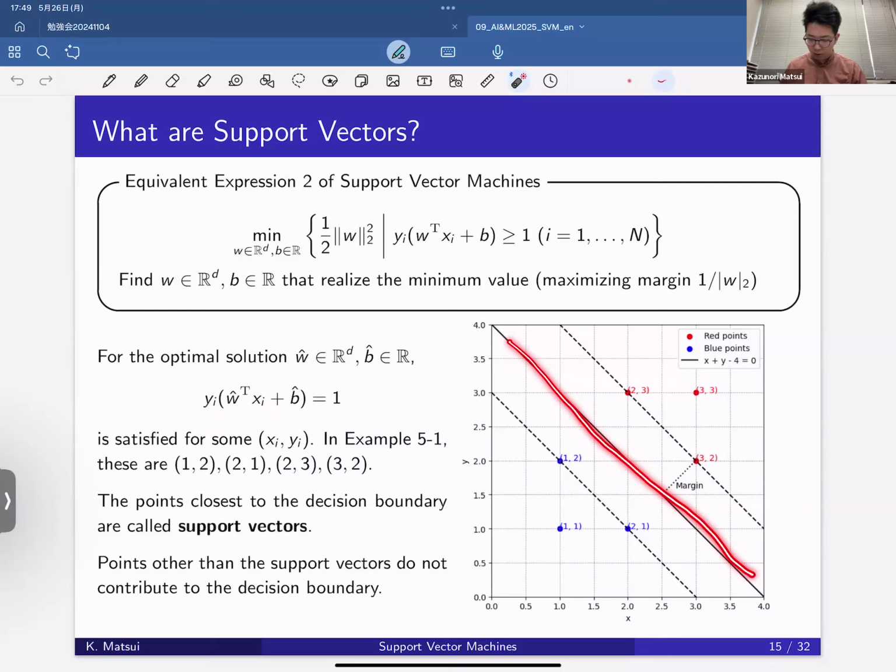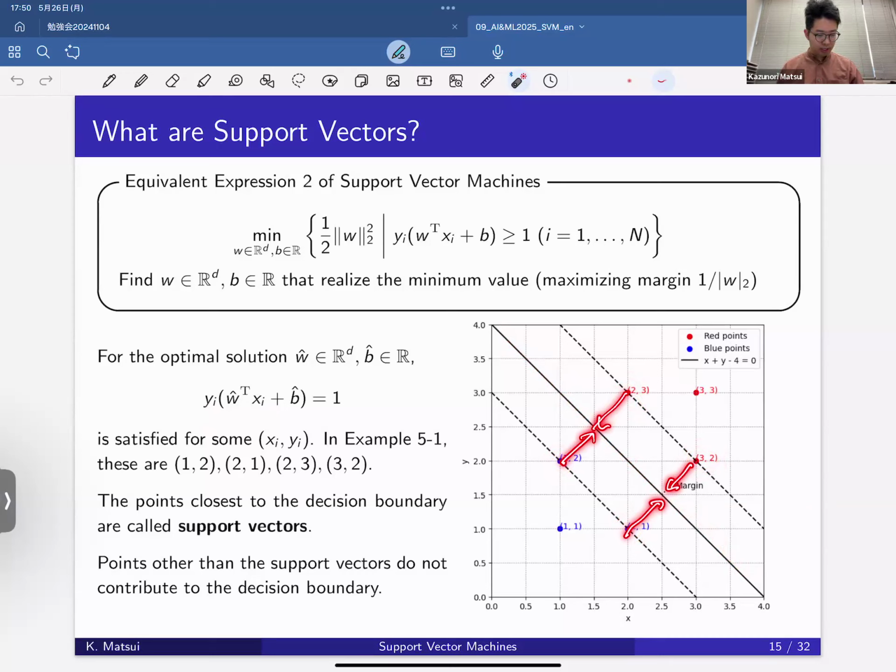And in this example, those points, (1, 2), (2, 1), (2, 3), (2, 2), (3, 2), are the points closest to the decision boundary and are called support vectors. In a sense, these points are supporting the decision boundary, so they are called support vectors.